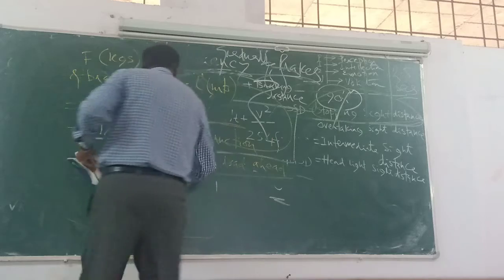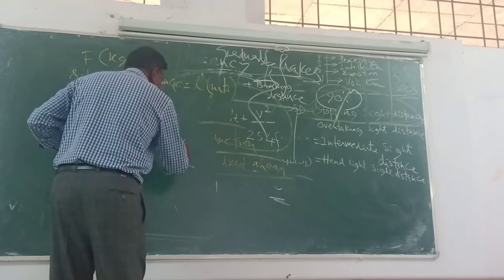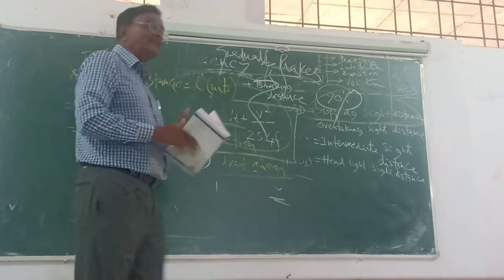I write it now: small v meter per second.